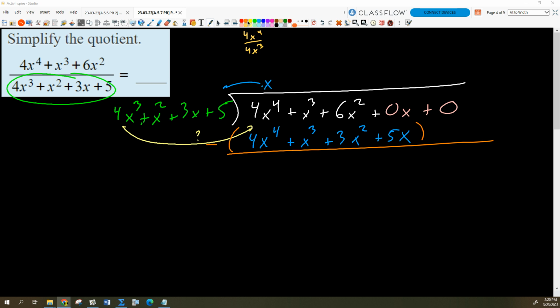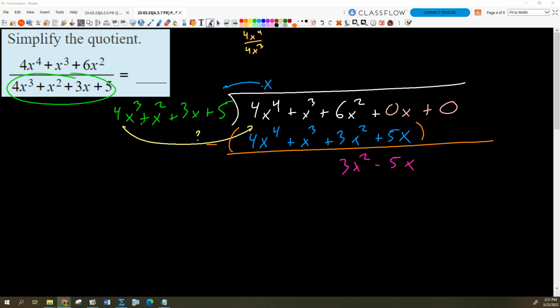Those guys go away. 6x squared minus 3x squared gives me 3x squared. 0 minus 5x gives me negative 5x. 0 minus 0 is 0, so I can forget that one.